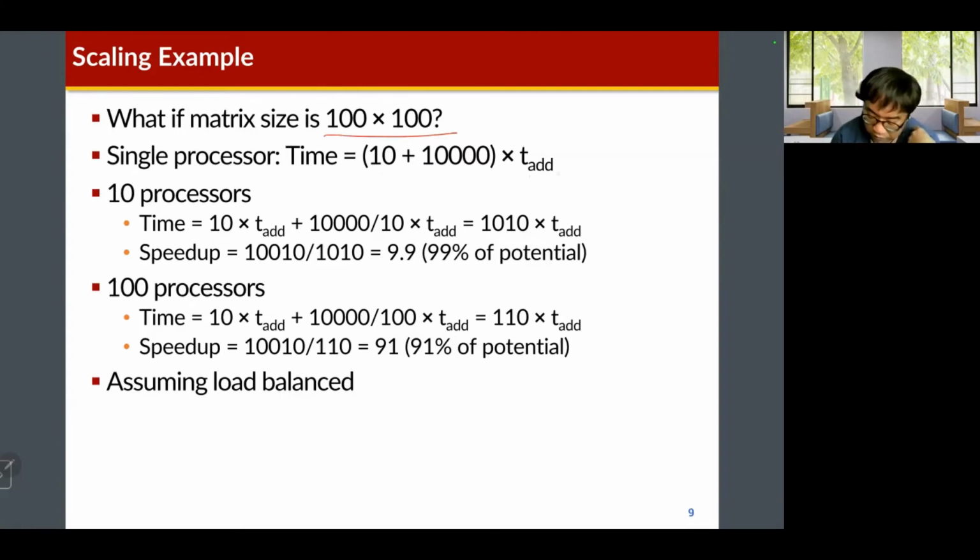For the single processor, this is the execution time, and with 10 processors we can reduce this part. The speed up is about 9.9, which is very similar to 10, right? So what does that mean?